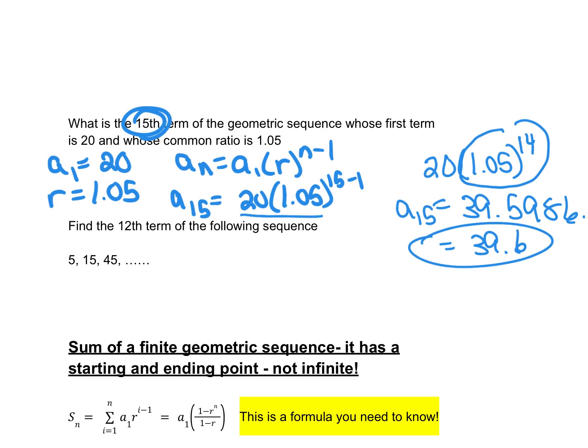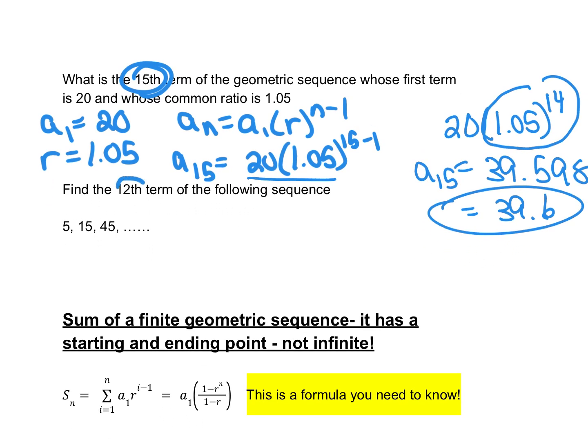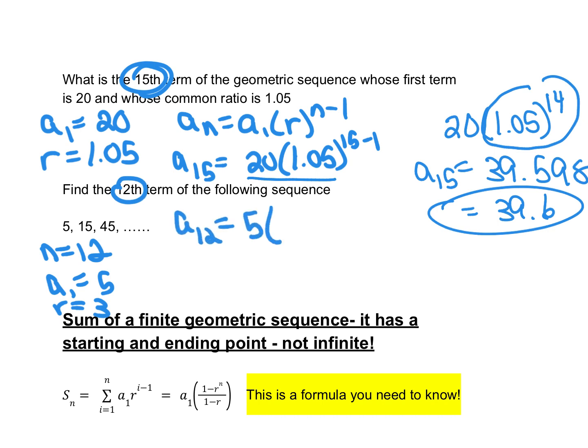Okay, let's just look at another one. This one might be a little bit easier, not so many decimals. The 12th term of the following sequence, so we're looking for when n equals 12. Our first term is 5, and our common ratio looks like we're multiplying by 3 each time. So if we want to find our 12th term, we are going to take our first term times our ratio to the n minus 1, which is 12 minus 1.